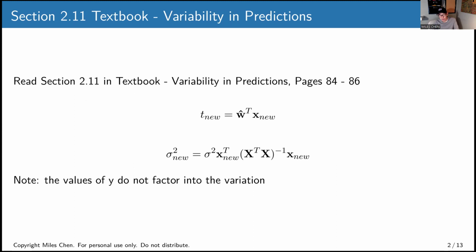Somebody else fits another model. It's the same model, but a different random sample of data, and they get different things. Basically, how much variability will there be from one prediction to another? That's what we want to know: the variability in the different predictions.